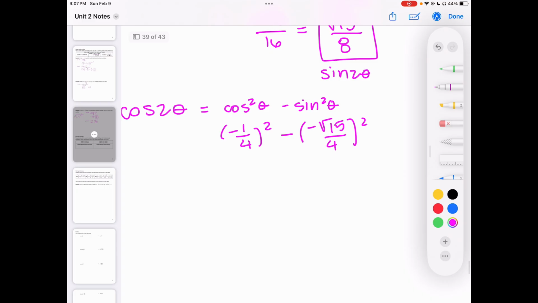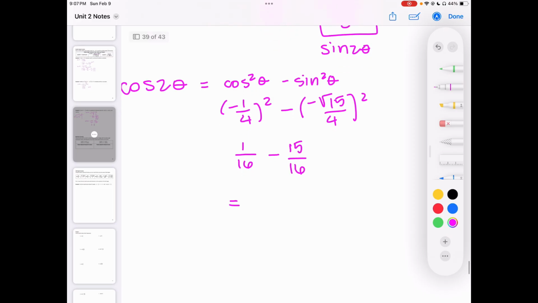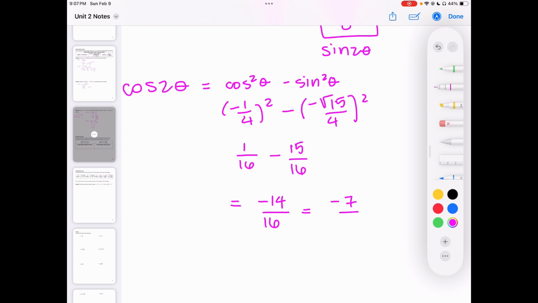And now we just simplify, right? We're going to square, so we have 1 over 16 minus 15 over 16. That's going to be negative 14 over 16. Or if we simplify further, negative 7 over 8. Okay, and that's going to be cosine of 2 theta.